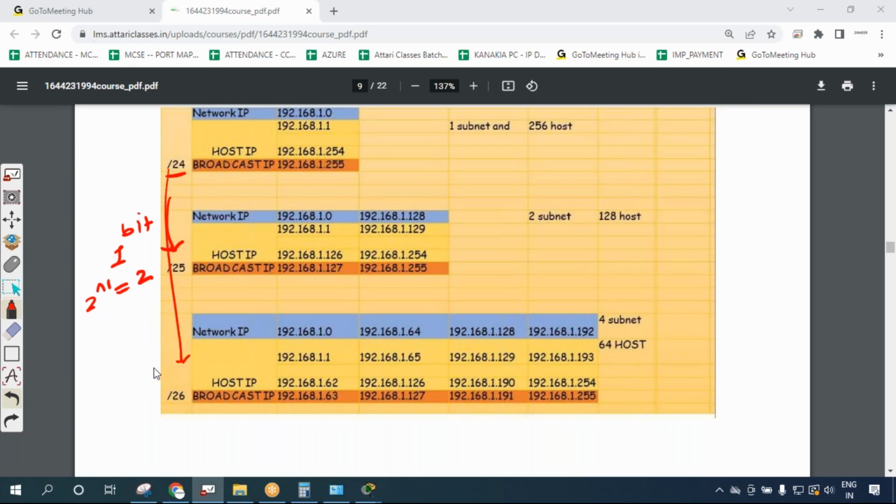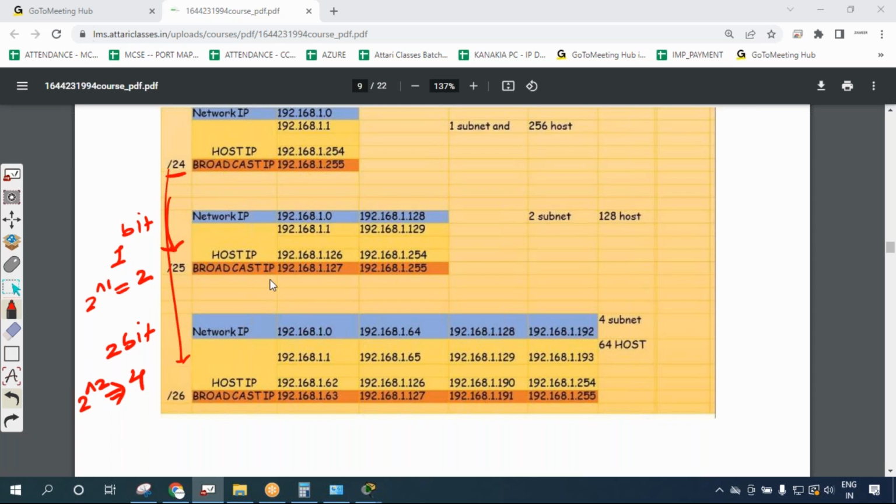How many bits went extra from 24 to 26? You will say 2 bits went extra. So 2 raised to 2 is 4, so 4 subnets are created. So my dear friends, however many bits went extra from /24, that many subnets are counted. So from /24, 1 bit went extra.